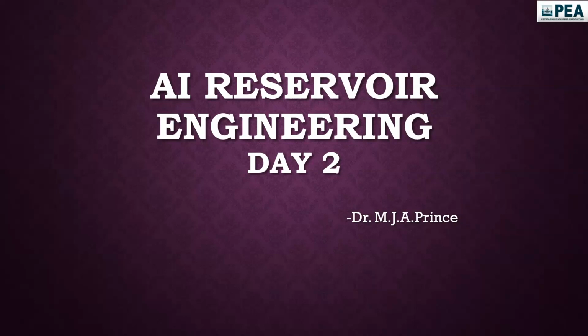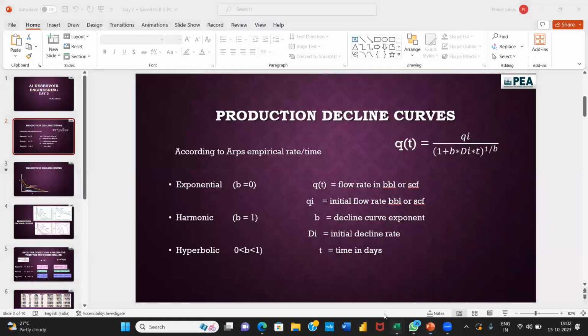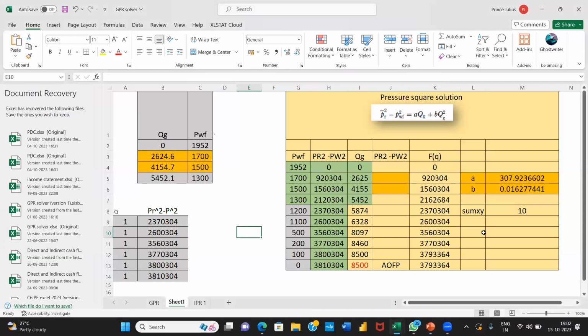If you observed yesterday's session, I think it's already available in the recorded videos on YouTube. You have seen that we simulated the value of A. Let me take you to yesterday's Excel sheet.